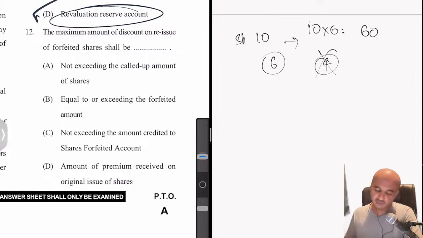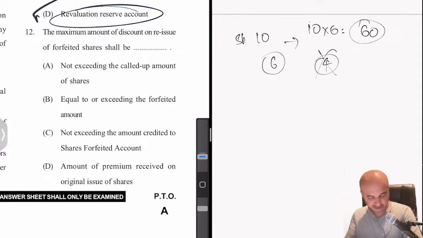When the shares are forfeited, whatever they have paid so far, which is 6 rupees per share into 10 shares, 60, we will not return to the shareholder. That will still be with us. But we can use that share forfeiture credit amount against any reissue of those shares at a discounted price.